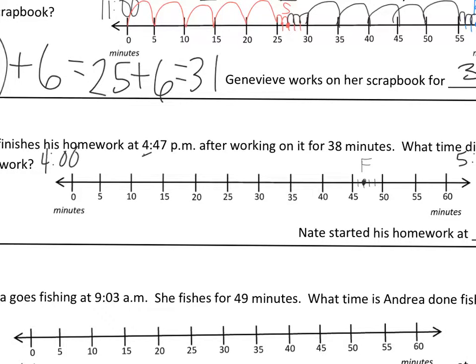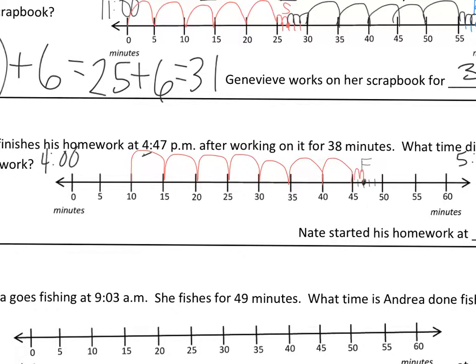Now I have to make 38 minutes in jumps to figure out what time he started. Let's make our 2, 1, 2 minute jumps to get us to 45. That leaves us with 36 minutes left because I started with 38 and I made 2 jumps. So that's 37, 36, 5, 10, 15, 20, 25, 30, 35.